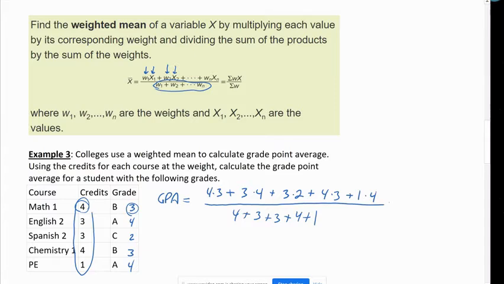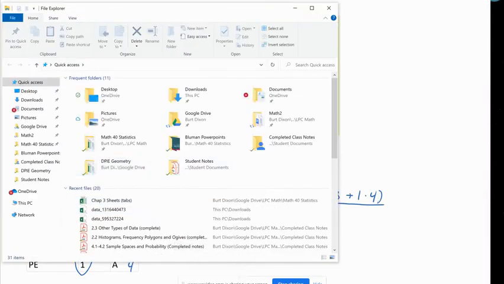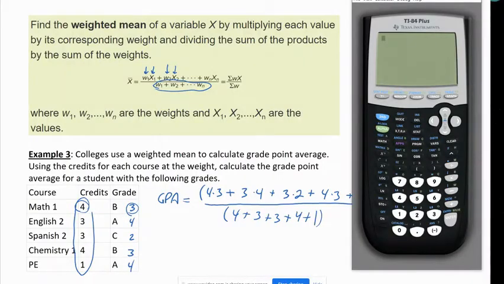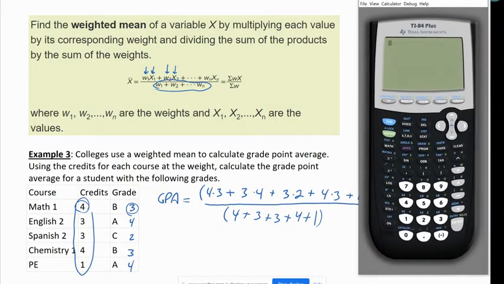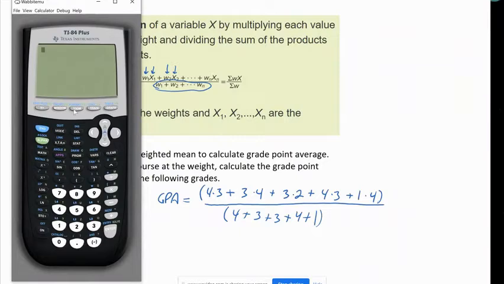And when you put that in your calculator, you want to make sure you have all of that in parentheses and all that in parentheses. Okay, so to put this in on my calculator, I would start with parentheses, and then I would type 4 times 3 plus 3 times 4 plus 3 times 2 plus 4 times 3 plus 1 times 4.